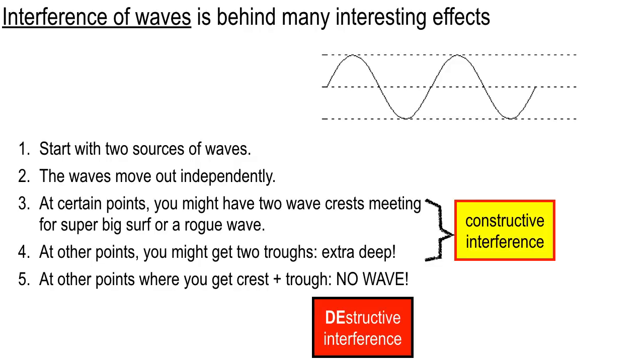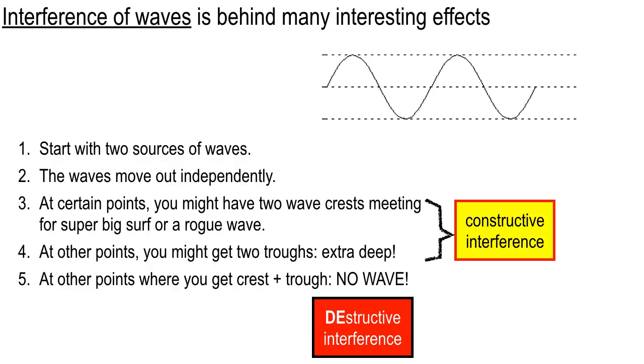And so if you're in a rowboat, and you're at the top of the wave, then in one wave period, you'll be back at the top of the next constructive interference.